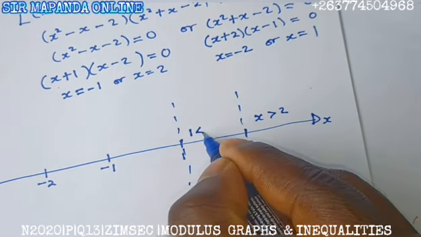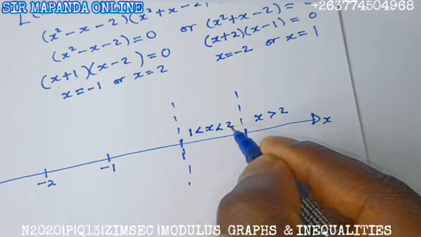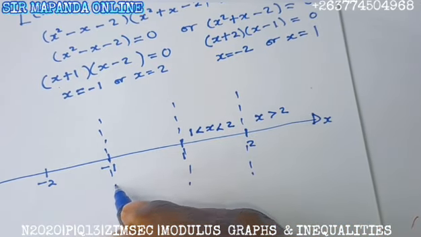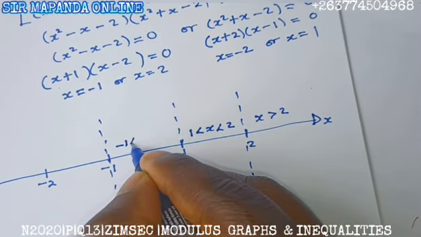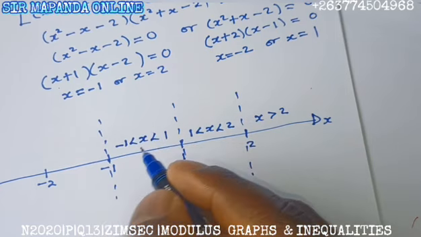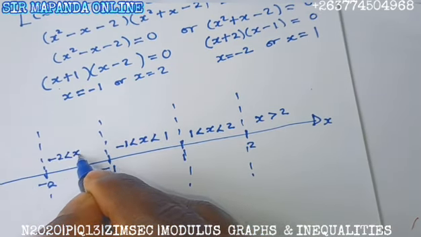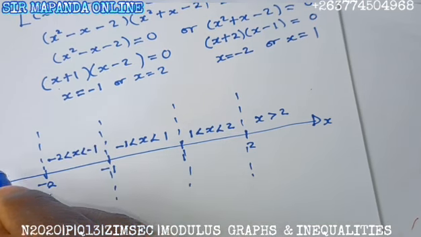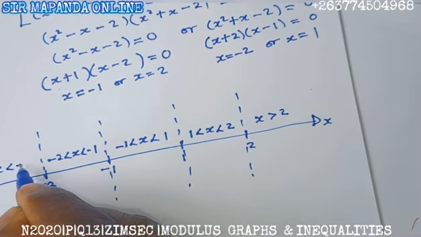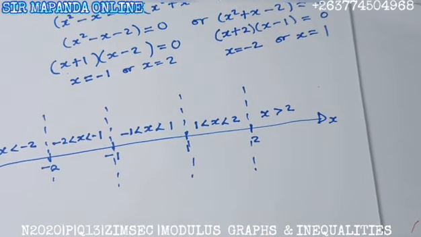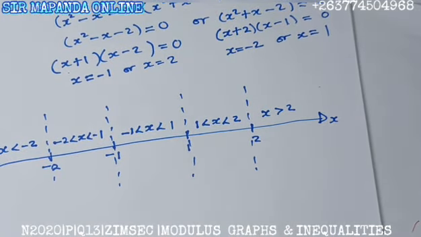This is 1 less than x less than 2. This is minus 1 less than x less than 1. This is minus 2 less than x less than minus 1. And this is x is less than minus 2. Something like this.